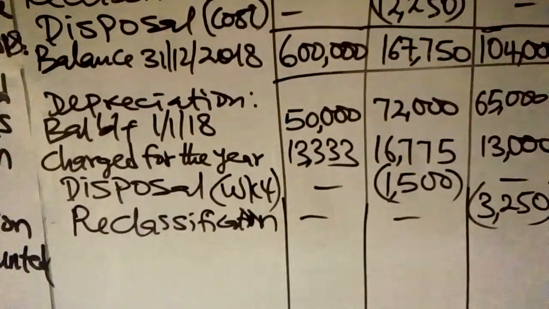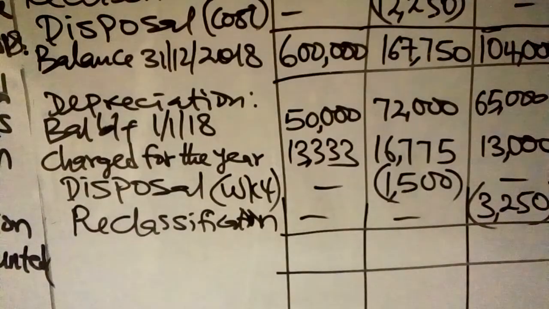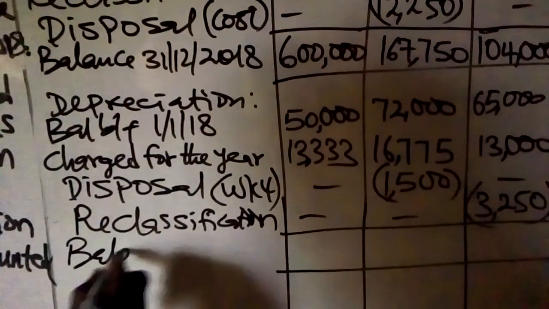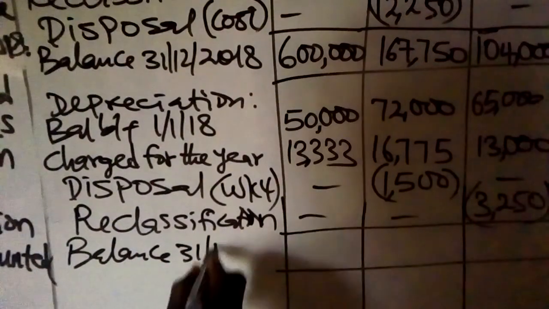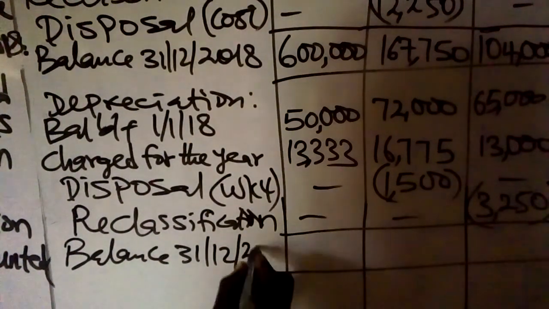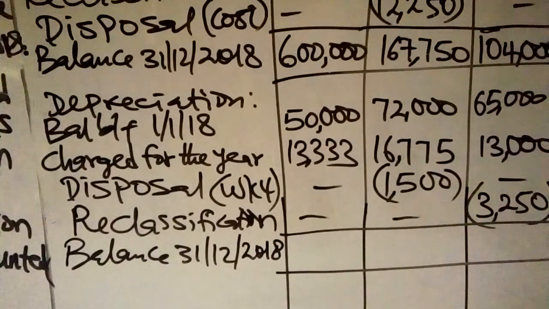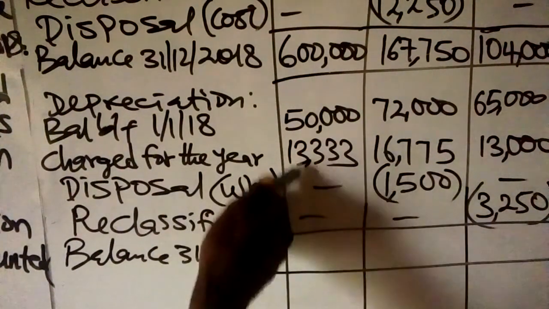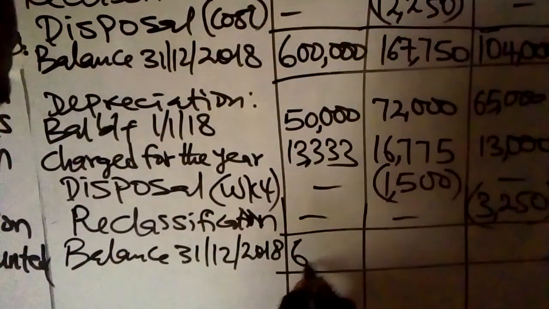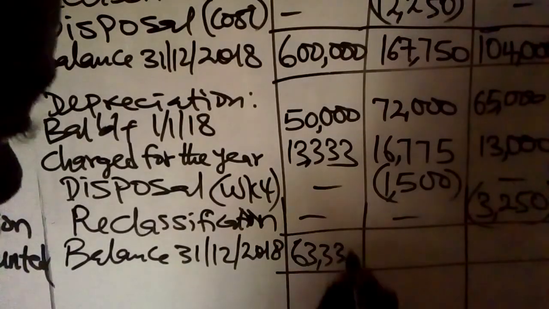So balance as at 31st of December 2018. You sum up the depreciation. 50,000 plus 13,333 will be 63,333.